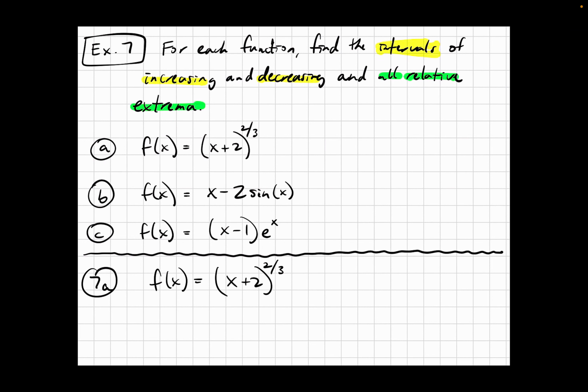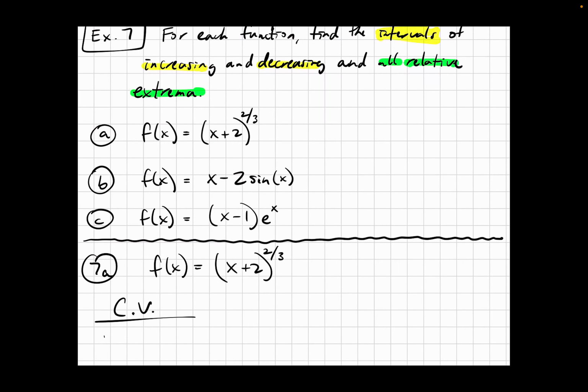Well, anytime we're finding a relative maximum minimum, we need to find the derivative so we can find critical values, right? Well, this is a chain rule problem. We've got to find the derivative of the green first.